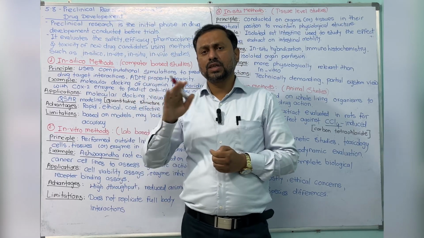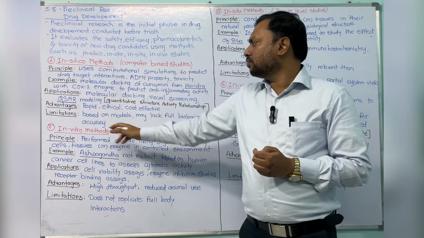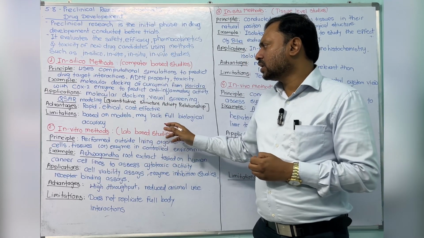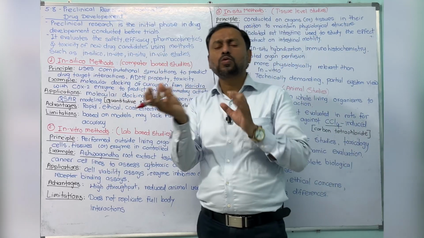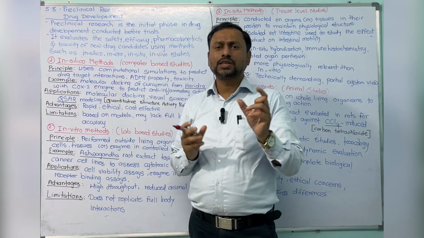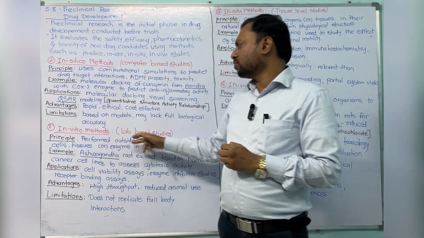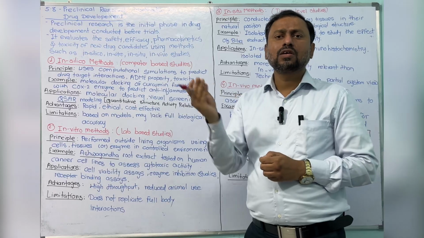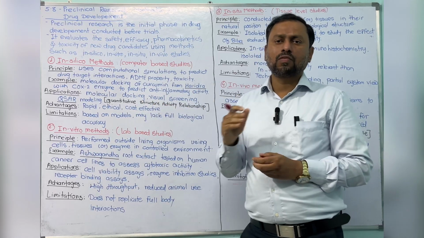Okay, now we'll study the next one, the in vitro method. The in vitro method is nothing but work done outside the body, in glass, a test tube, or what we can call a petri dish, where we separate cells.